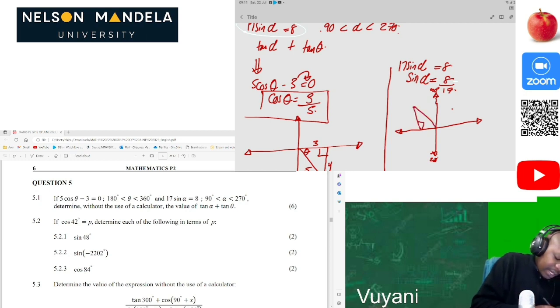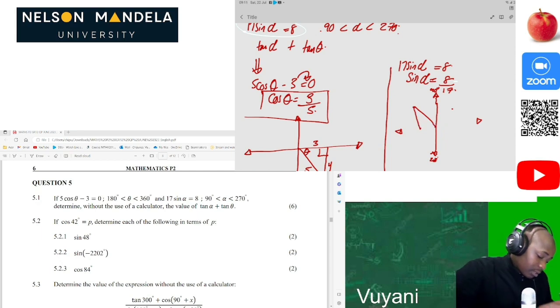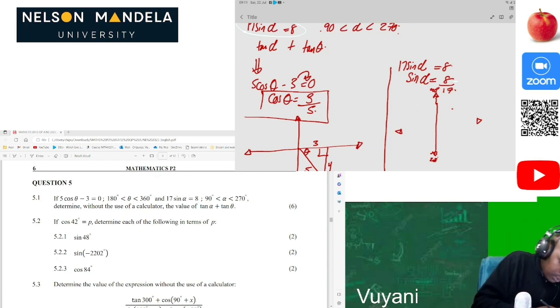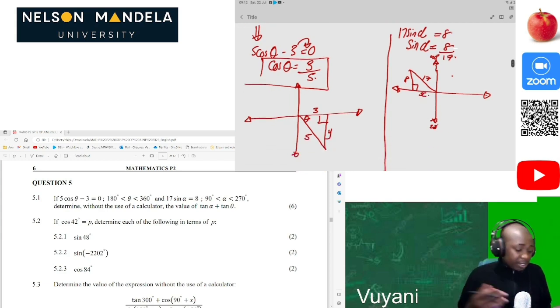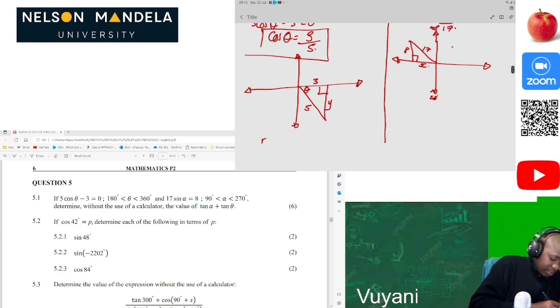So we can see that our triangle is going to be in this quadrant. Then 17 is the hypotenuse and 8 is the opposite side, so we need to look at x. We know our Pythagoras theorem: r squared is equal to x squared plus y squared.